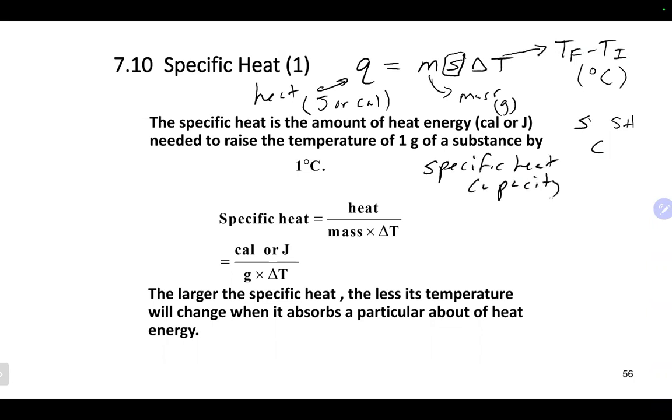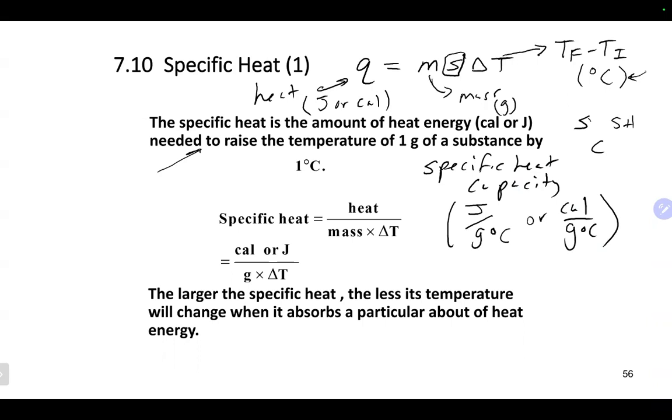The definition of specific heat capacity is up here. It is the amount of energy required to change 1 gram of a substance by 1 degree Celsius. So it typically has units of joules per gram per degree Celsius or calories per gram per degree Celsius. And that's also why we keep the temperature here in Celsius, so everything cancels out correctly.